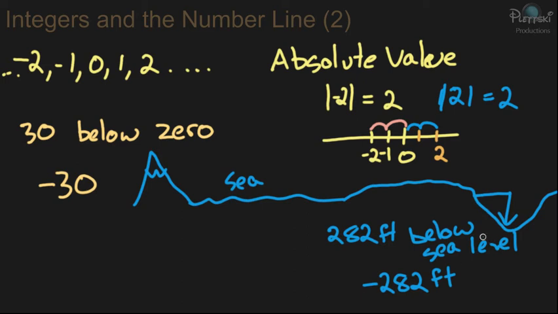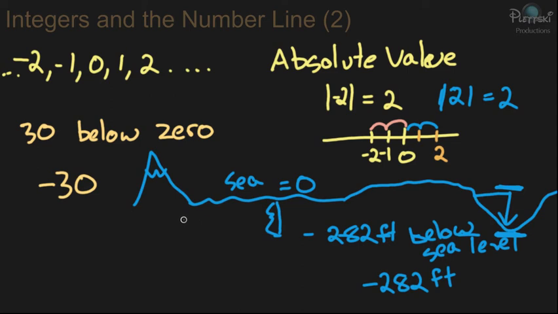Okay, and then if we wanted to say, what's the absolute value of -282? So what's the distance between the bottom of this valley and the sea? How many feet are there? Well, remember, absolute value is the distance away from 0. So if the sea represents 0, what's the distance between the bottom of Death Valley and the sea?